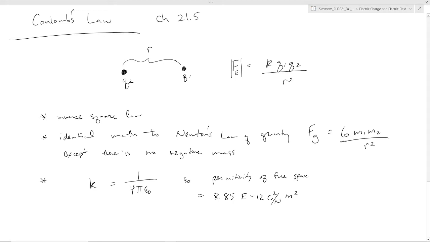Let me be a little more detail-oriented here. We know that this force is going to be directed along a line between the two charges. So let's call that the vector r between them, and I'll use my arrow over the top to indicate a vector.